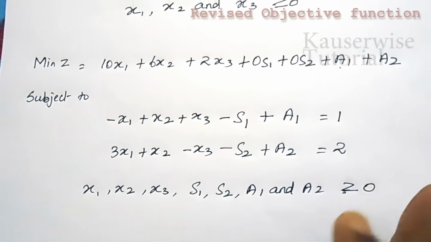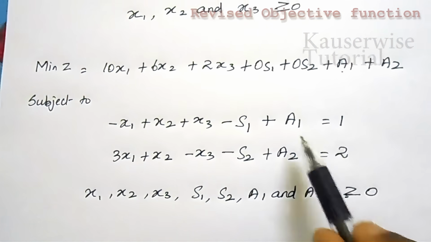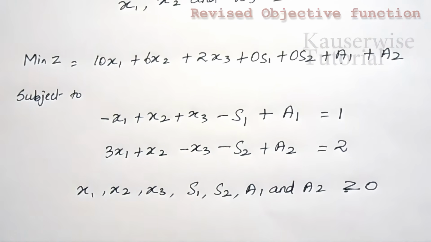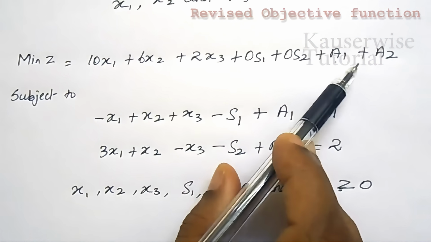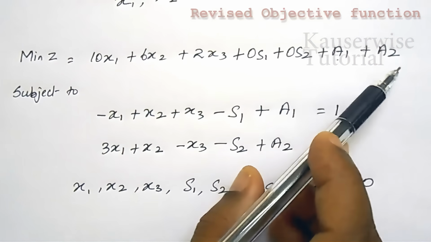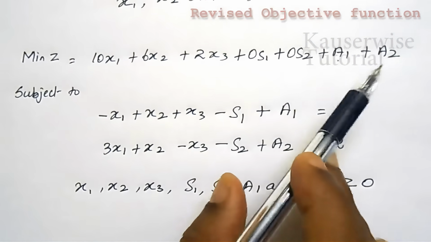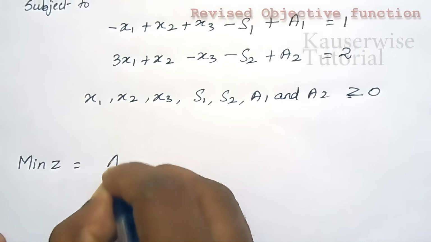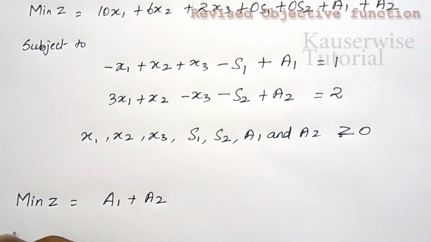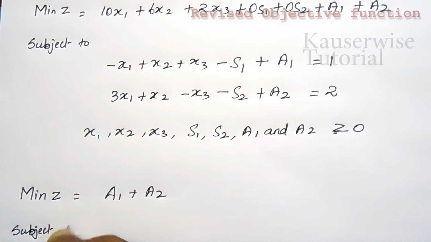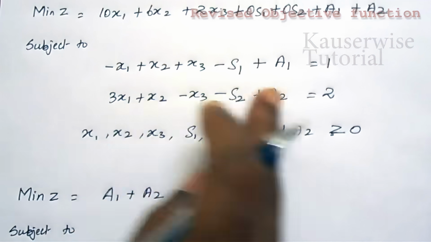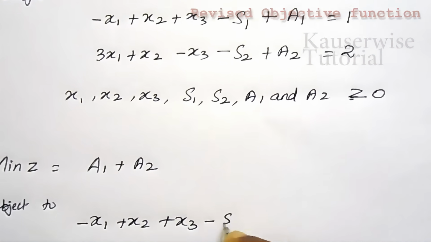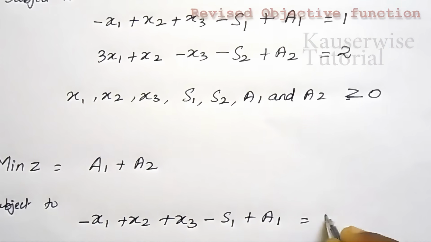The next step is just copy the values as they are. The first constraint and second constraint must be as they are. When we take the objective function, take only the artificial variables, that is A1 plus A2. Just leave all other values. This is called the revised objective function. Minimization z is equal to A1 plus A2, subject to the constraints 1 and 2 as they are: minus x1 plus x2 plus x3 minus s1 plus a1 is equal to 1.